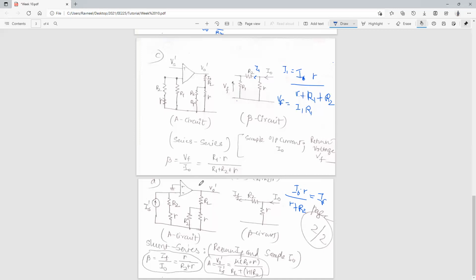Actually, it should have been I naught upon IS, that will be the current across this RL. If we do V naught upon IS dash, that is going to be some factor mu times R2 plus R, into RL plus R parallel with R2.